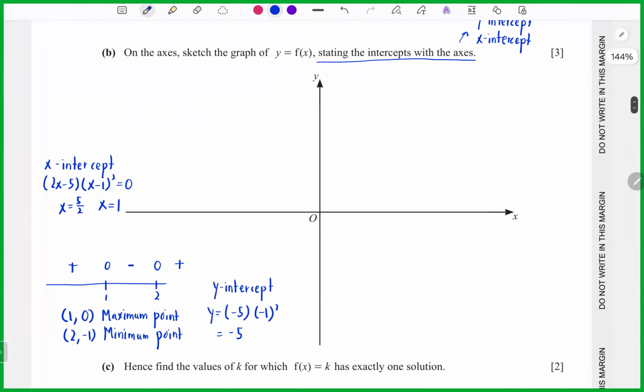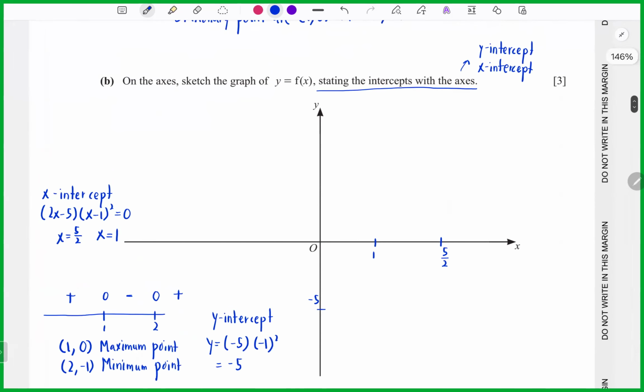First the graph will pass here, negative 5, let's say. And then this is your 1, and then here is your 5 over 2, right? And then we'll try to see. This is your maximum point, right? So they will show this way, and then they will start to go down. And then here, this is your minimum point, 2.